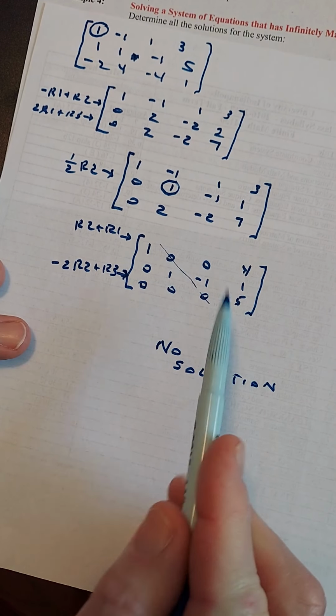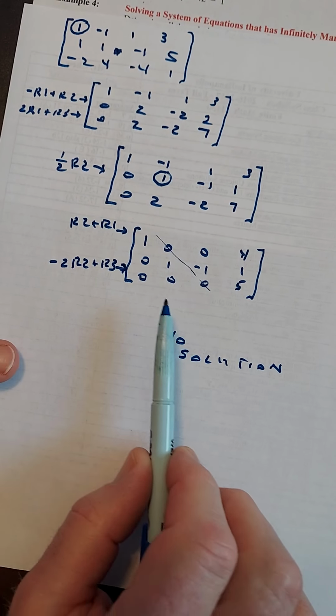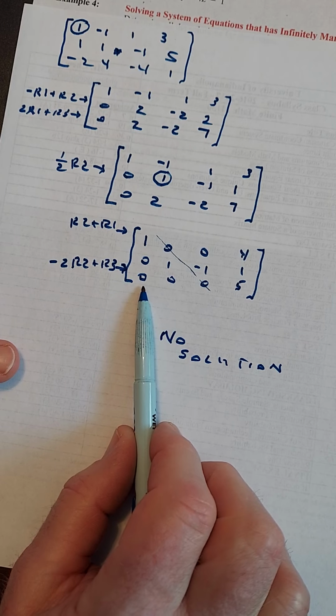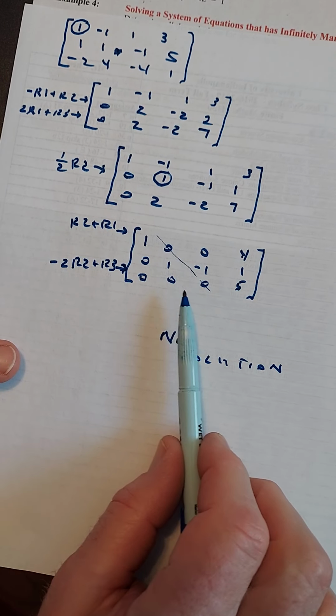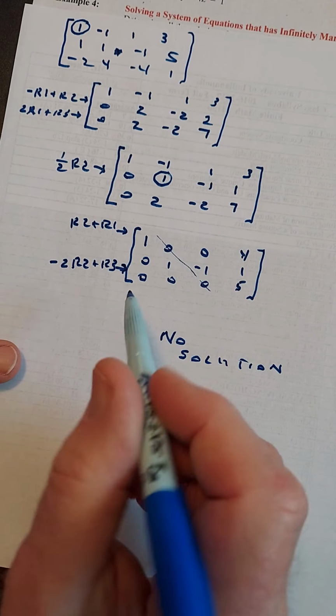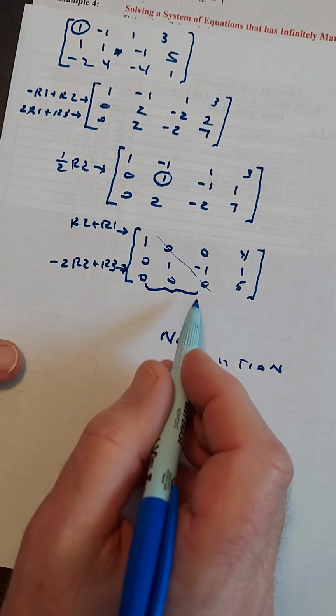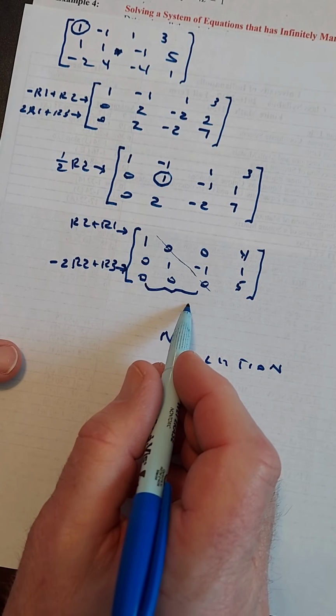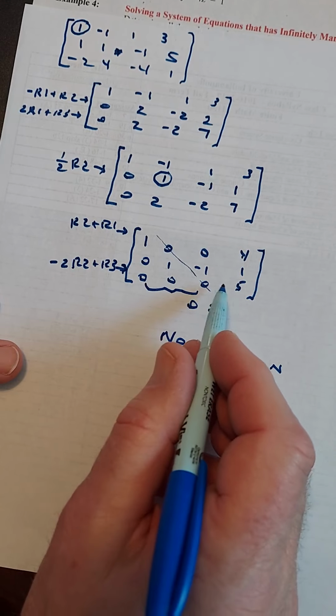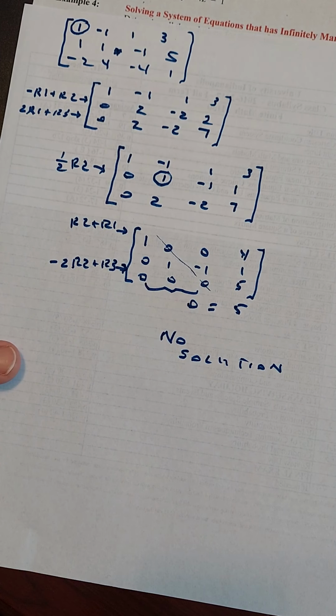Another way of thinking of it, and I think this is easier, this is like 0x plus 0y plus 0z. That means over here, 0x, 0y, 0z, that's 0, should be equal to 5. Is 0 equal to 5? Never. That means there's no solutions. It's never going to happen.